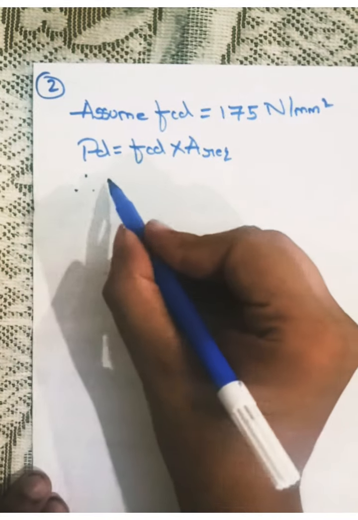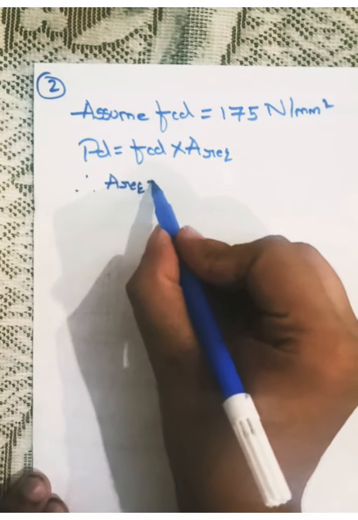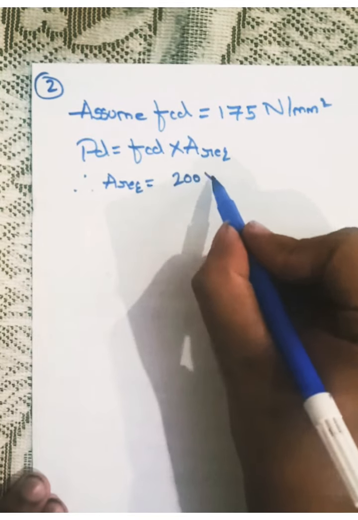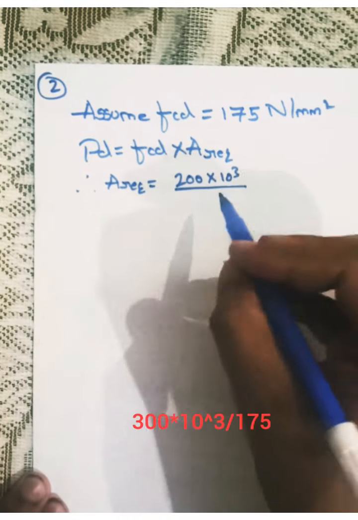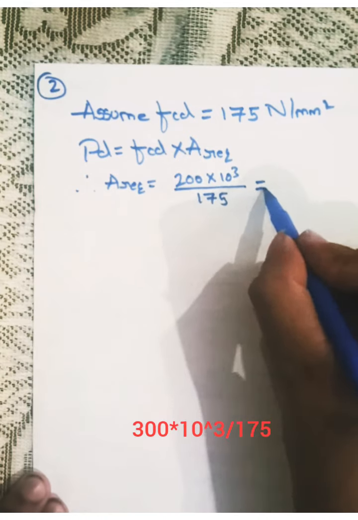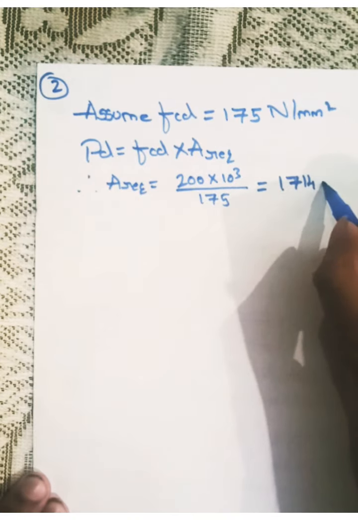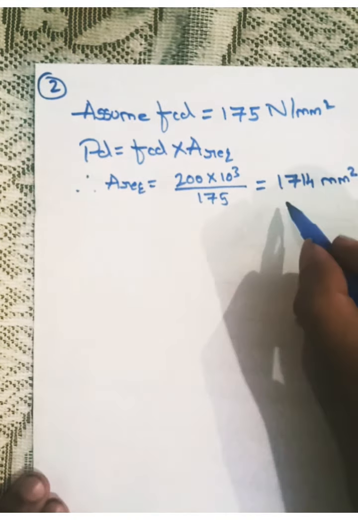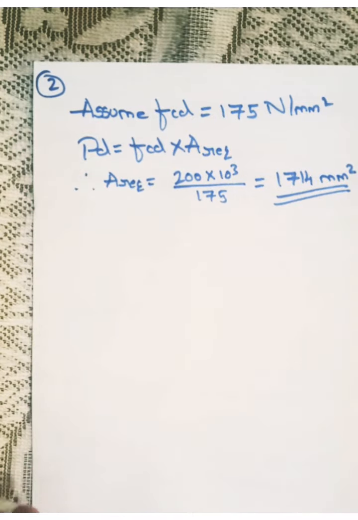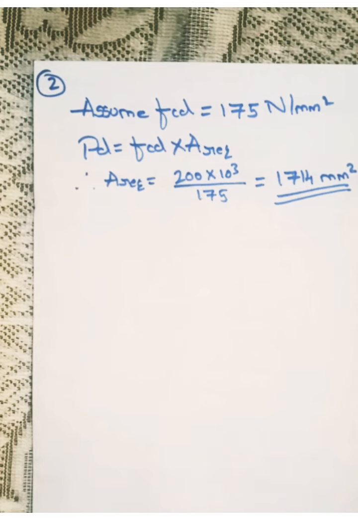Therefore, area required will be 200 kilonewton, the load it has to take, divided by 175, which comes to somewhere around 1714 mm square. So this much area is required. We need to select an angle section whose area is greater than 1714. The area of both the angles should be greater than 1714. This is just a trial section which we need to check whether it is safe or not.